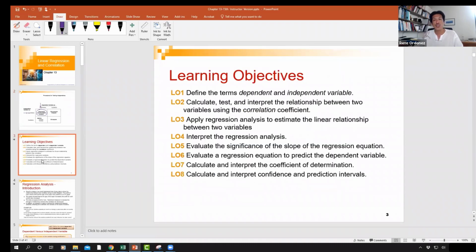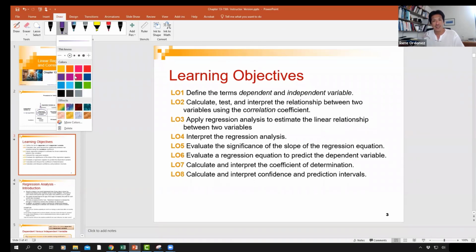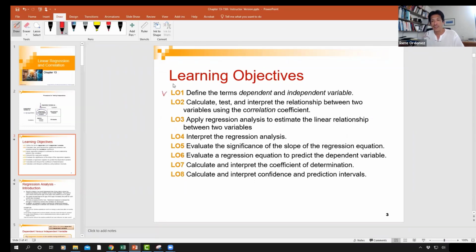As far as this chapter goes, here are the major learning objectives. We've already talked about this particular learning objective; in fact, we've been going over it since the ANOVA chapter.